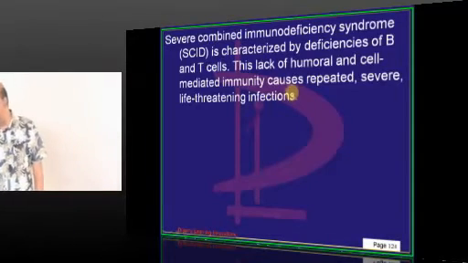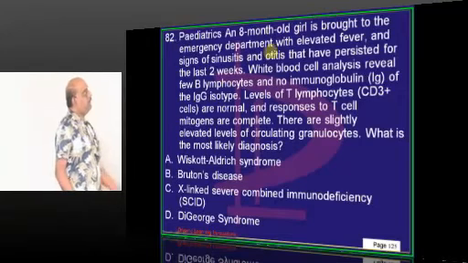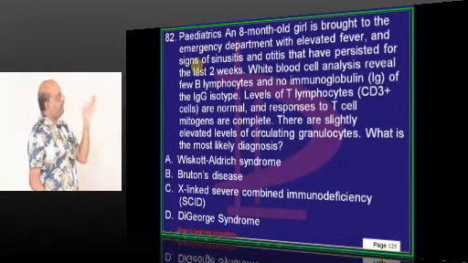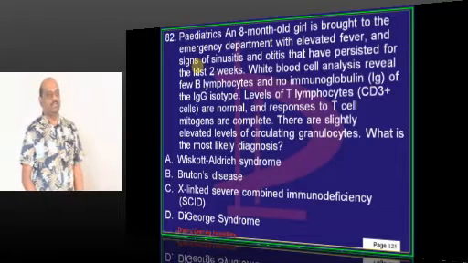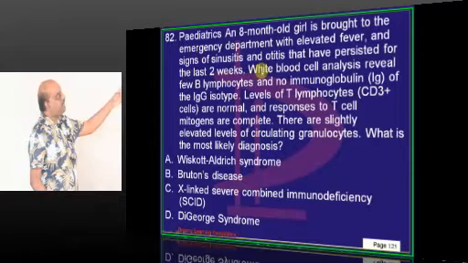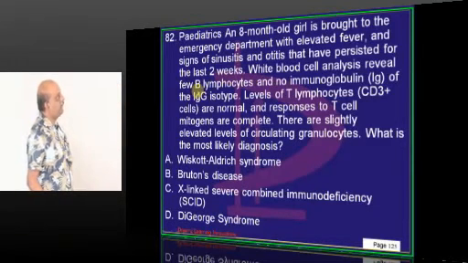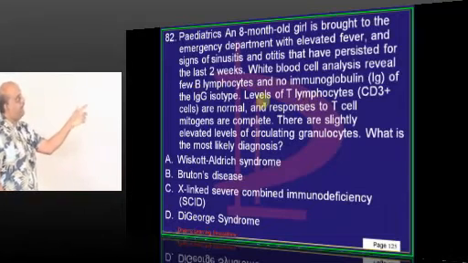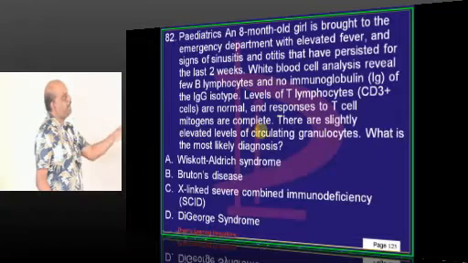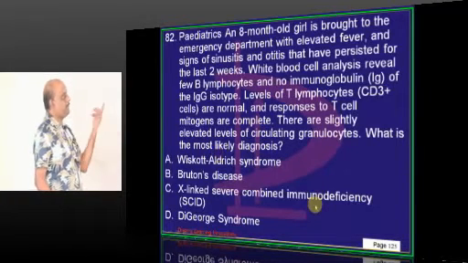Now doctor, an 8-month-old girl is brought to emergency with elevated fever. Fever itself is an elevated state. Where is the elevated fever? Indian English. And signs of sinusitis and otitis that have persisted for 2 weeks, and T lymphocytes are normal and the response to T cell mitogens is also complete, then what is the possibility?